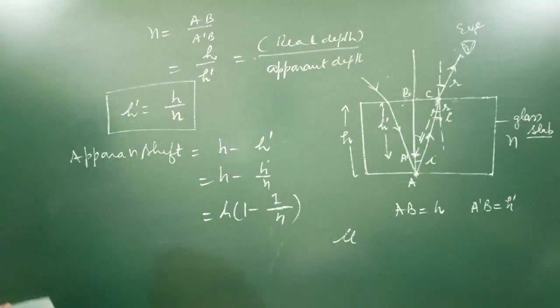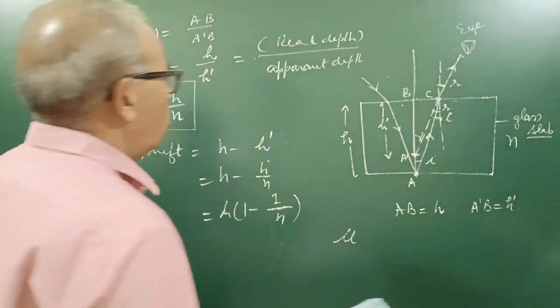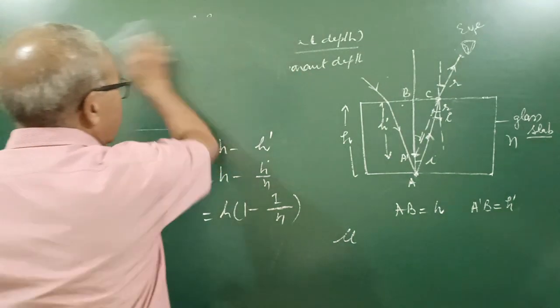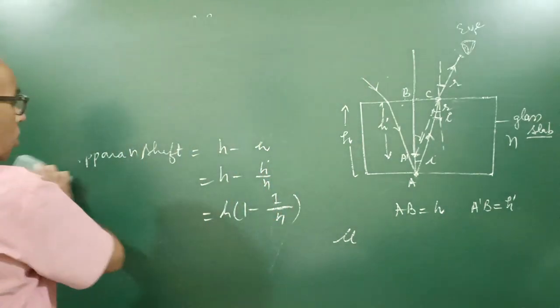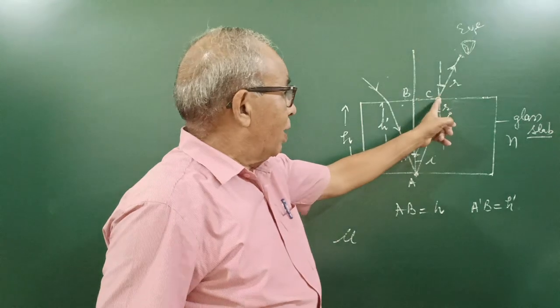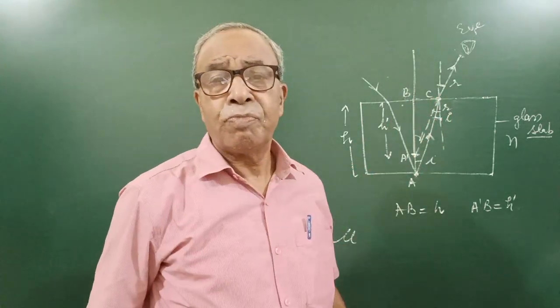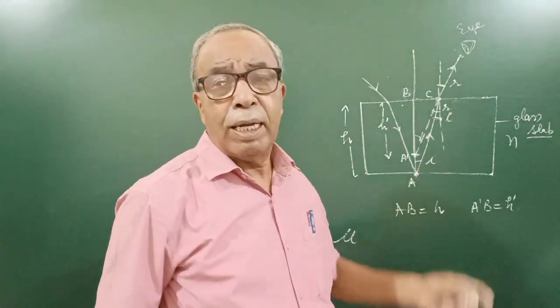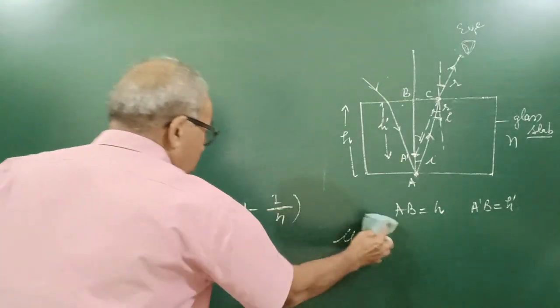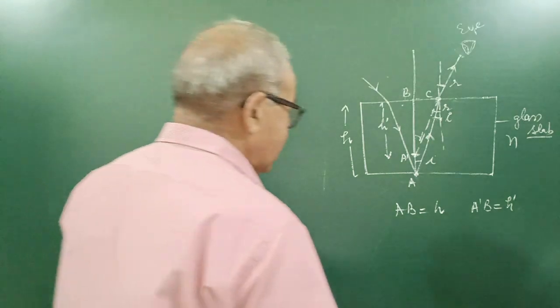But our NCERT book uses N, so I am following that. Now this is true only when point C is close to B, angle I and angle R very small. It is only true then.